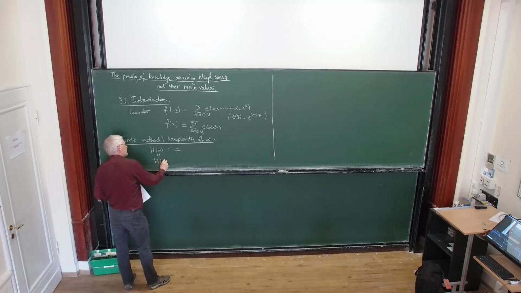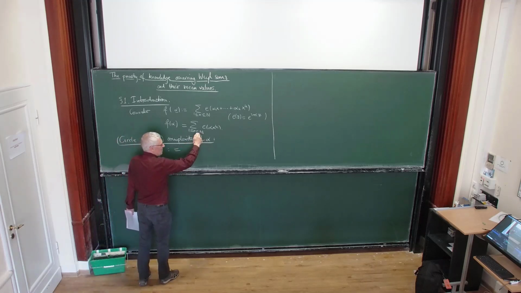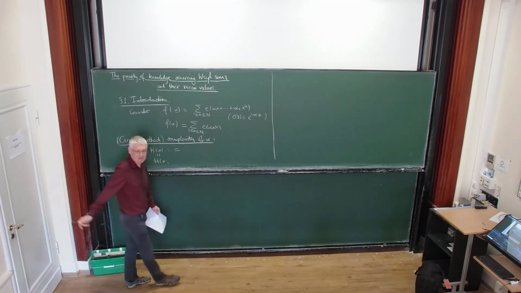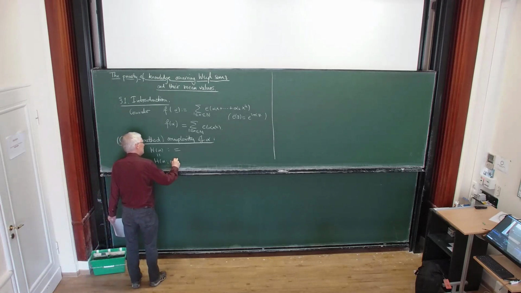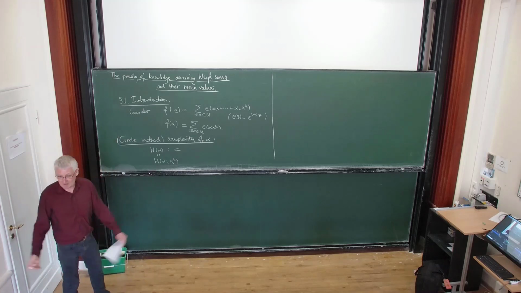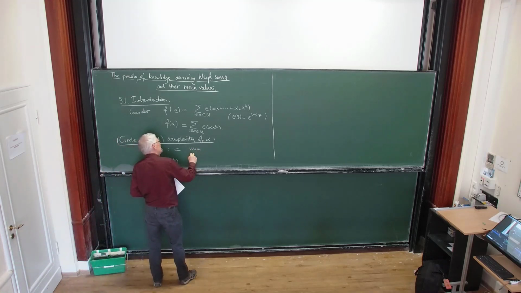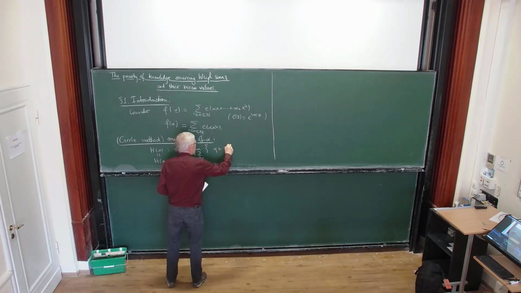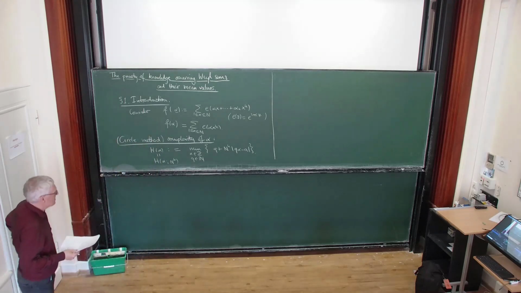It depends on alpha, of course, and it also depends on the length of your sum and the size or the degree of this polynomial term. So you could think of it as depending on n to the k in this context. And this is just the min over all integers a and natural numbers q of q plus n to the k times |q alpha minus a|. Right, so what's going on here?